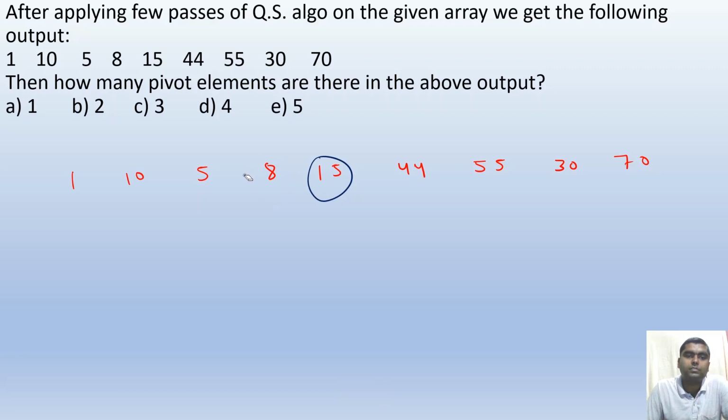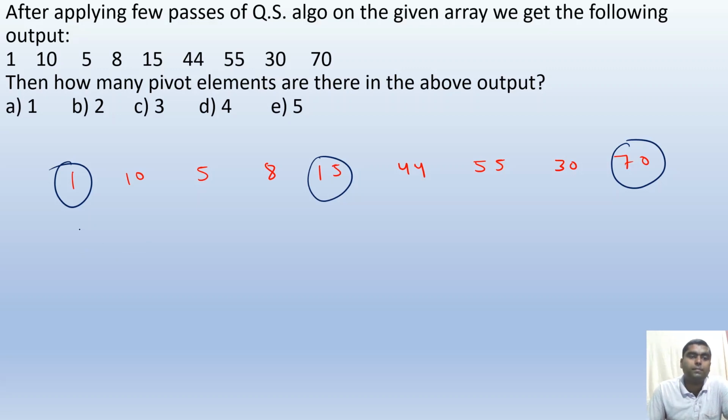This is not the case, not 8. Okay, because 44, 70 is also, yeah, 70, because less than this side and greater than this side. And what about others? And also 1, because less this side and greater this side.